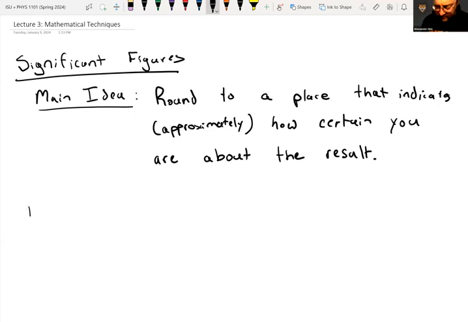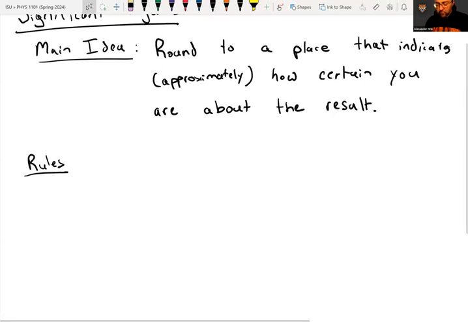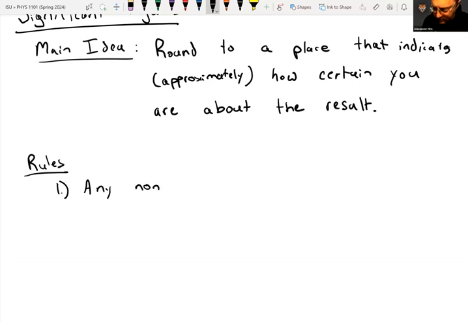Now I will give the significant figure rules as well. So here is rule 1. Any non-zero digit is significant. Now, when we say it's significant, what we mean is it's telling you something about how well you measured the quantity.